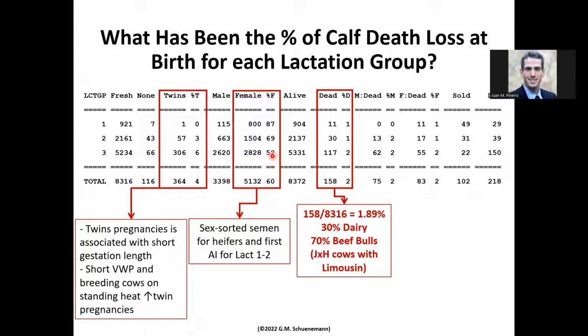So the twinning rate is something that we do pay attention to because our management on the farm will determine, to a great extent, the twinning, especially when we are breeding most of the cows on heat detection, and we are breeding the cow with a 60-day voluntary waiting period.